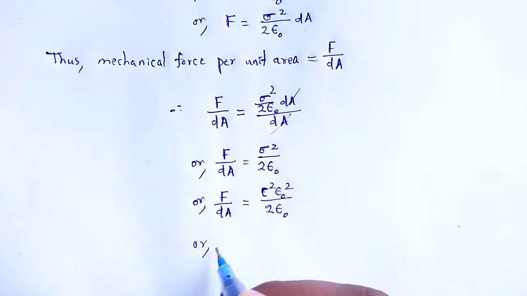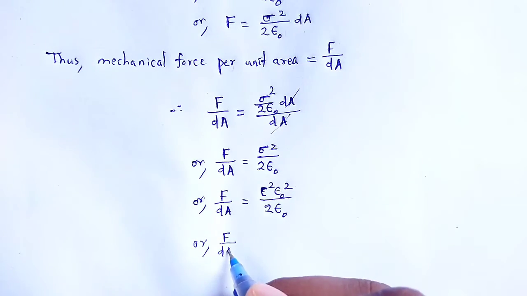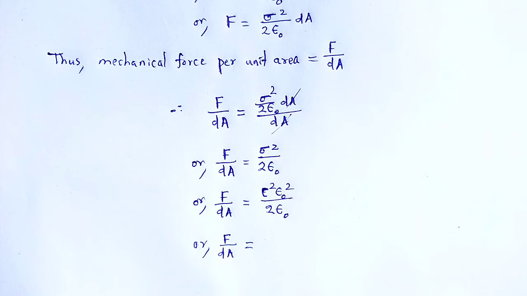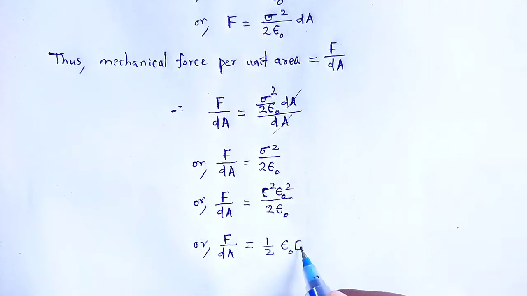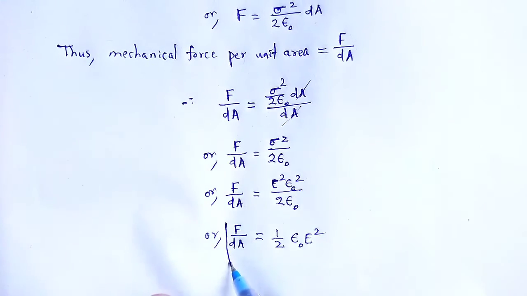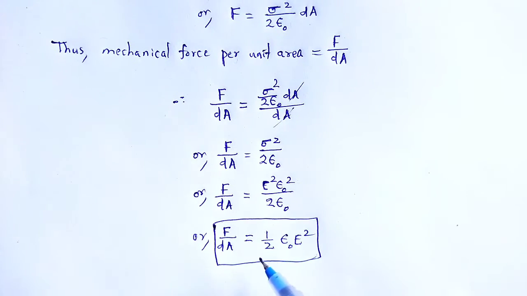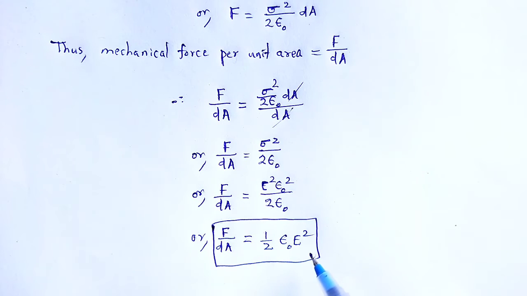So the final result, the force per unit area, is equal to half epsilon naught E square. Hence the mechanical force per unit area acting on the surface of a charged conductor will be half of epsilon naught into E square.